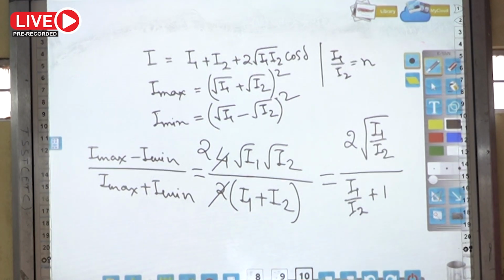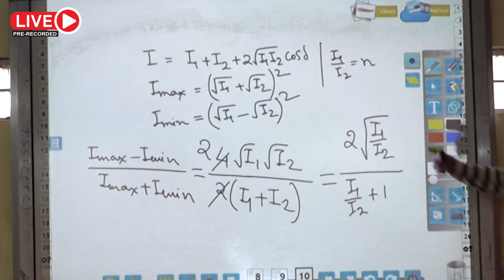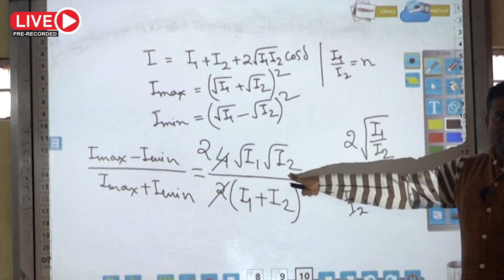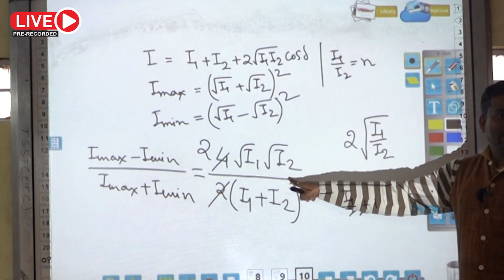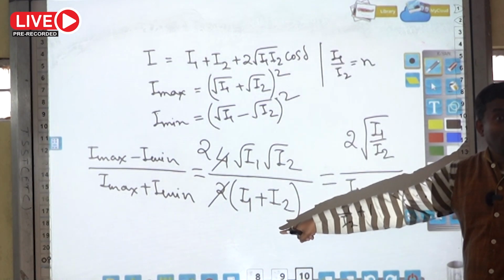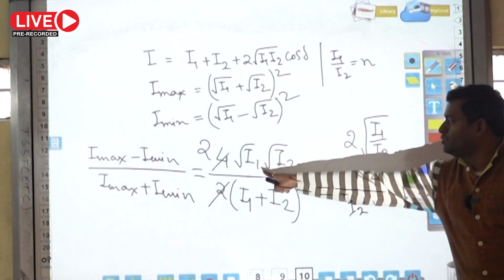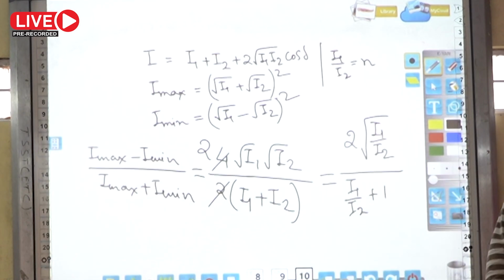If you divide this term by I2, then it will be root I2 by I2, means 1 by root I2, so a root over of I1 by I2 comes in the numerator, and in the denominator this one.